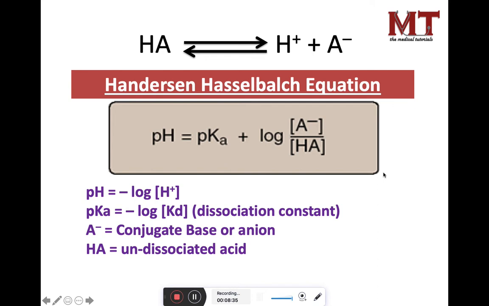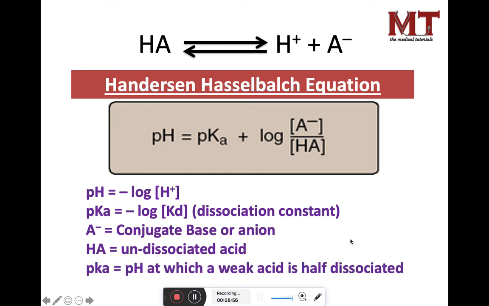Another important point I would like to clarify here is, I told you pK is the negative log of the dissociation constant, and pH is the negative log of H+ concentration. These are two different terms, their definitions are different.